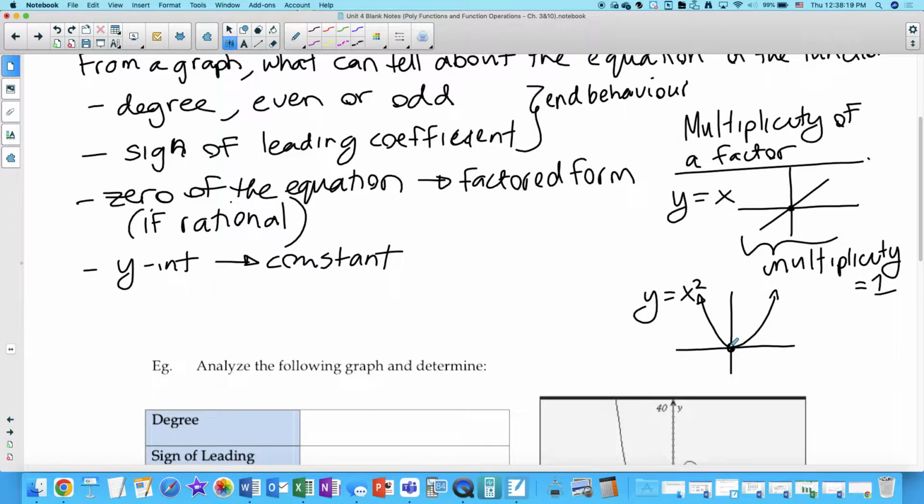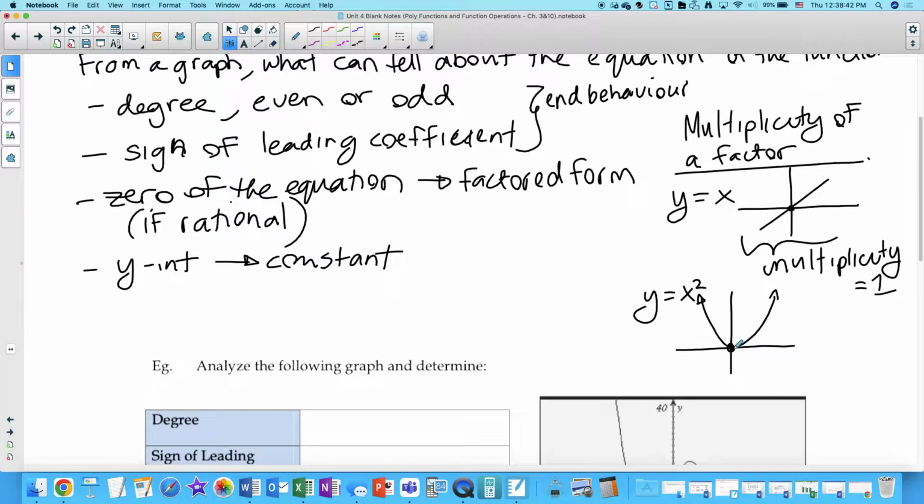When it crosses through the axis, here it's negative, here it's positive, there's a sign change. But when it bounces back off, it's positive, positive, positive. For a brief instant, it's 0, which doesn't really have a sign. But then it becomes positive again. So there's no change in sign.